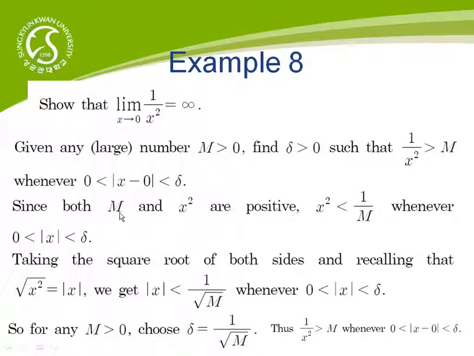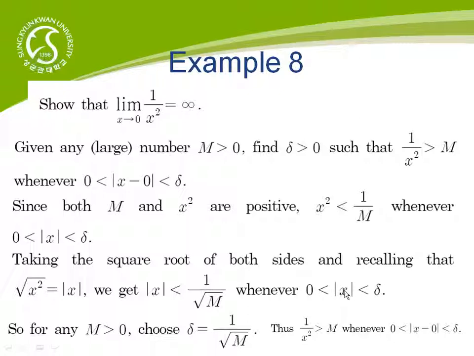Since both m and x squared are positive, from this condition we can think x squared is less than or equal to 1 over m whenever the absolute value of x is between 0 and delta. Taking the square root of both sides, the square root of x squared is the absolute value of x, so the absolute value of x is less than or equal to 1 over the square root of m.